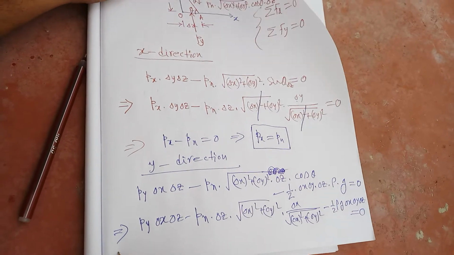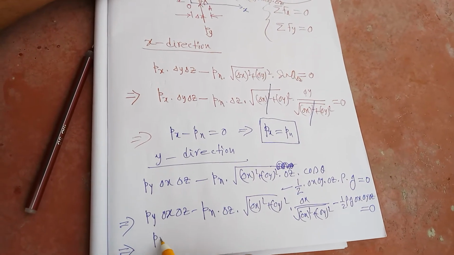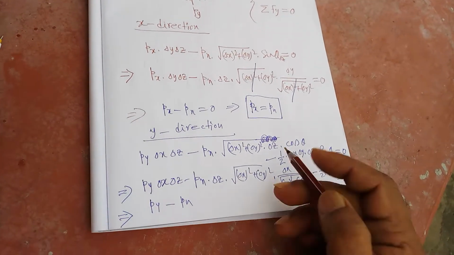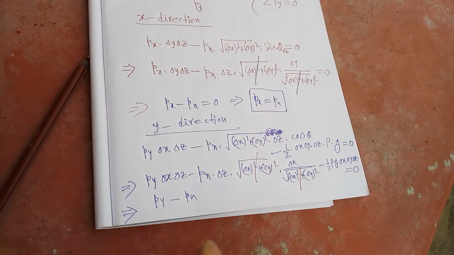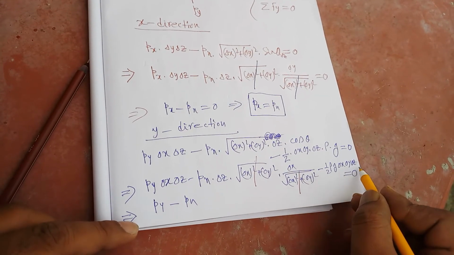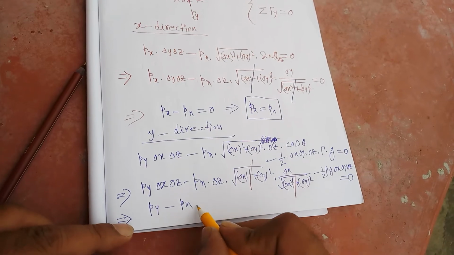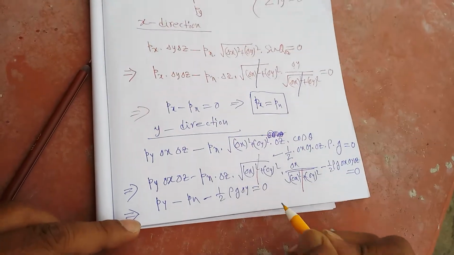Now divide both sides of the equation by delta x delta z. So we are getting Py minus Pn, and these two terms are again cancelled. Okay, Py minus Pn, and delta x delta z goes, so the remaining term is half rho g into delta y.